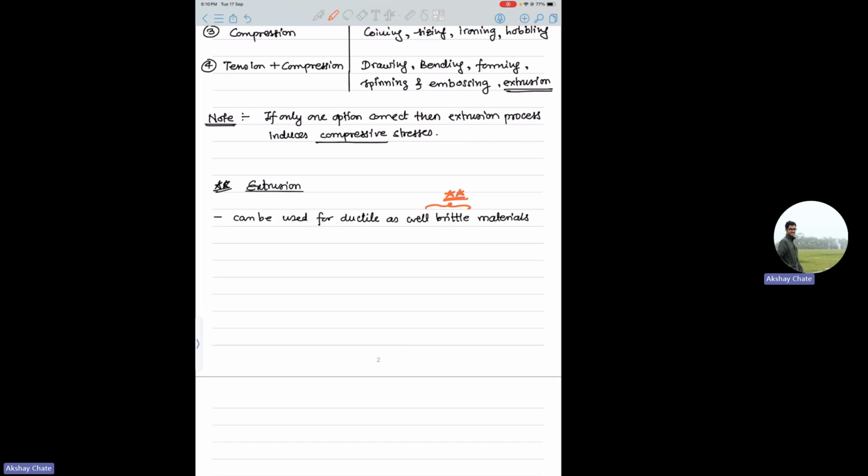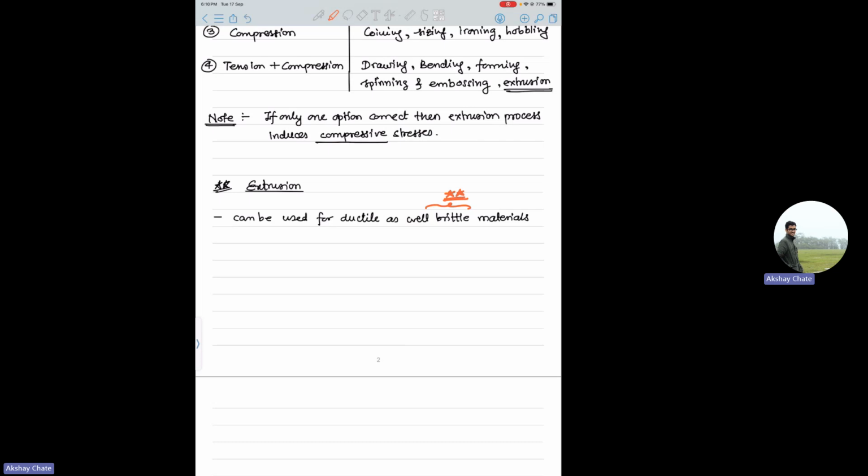They have high compressive strength, and in extrusion you predominantly use compressive stresses to do the forming. Therefore, you can use brittle materials and extrude them, though not all techniques can be used. The hydrostatic extrusion technique is used for brittle materials. We'll see about that.